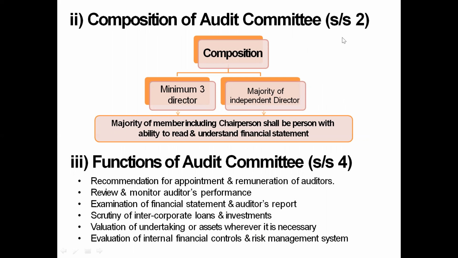Functions of audit committee as given under subsection 4, that is, first, recommendation for appointment and remuneration of auditors, review and monitor auditors' performance, examination of financial statement and auditors' report, scrutiny of intercorporate loans and investments, valuation of undertaking or assets wherever it is necessary, evaluation of internal financial controls and risk management system.